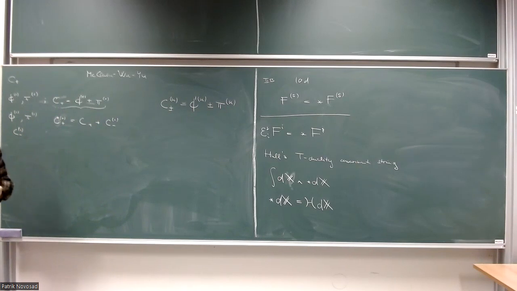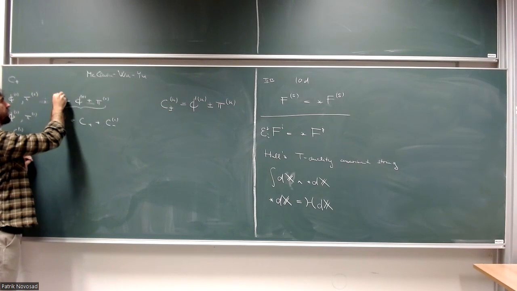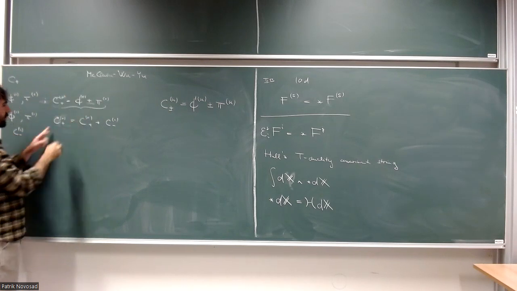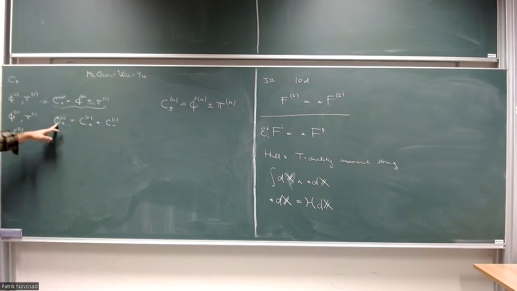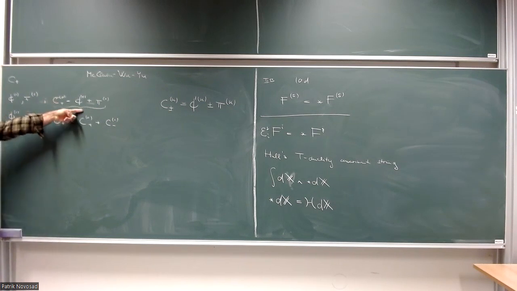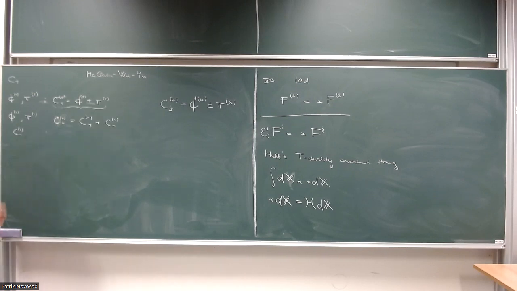If you're using this convention, then that first C plus is C plus 0. Yeah, okay. I didn't want to use it because before I didn't have curly C. Yeah, now it's fine. Okay.